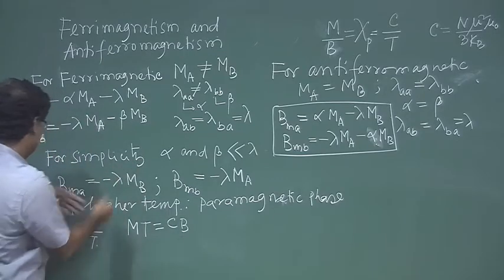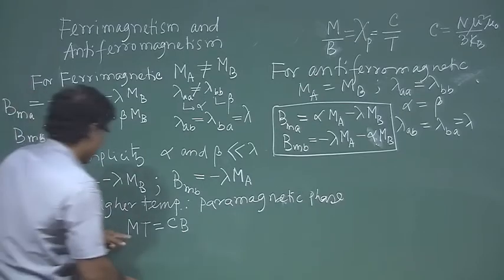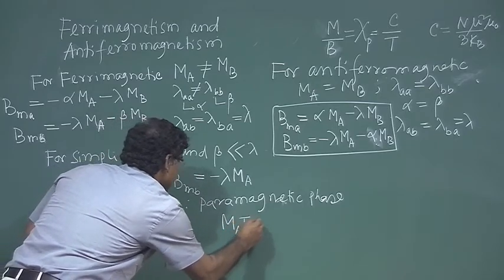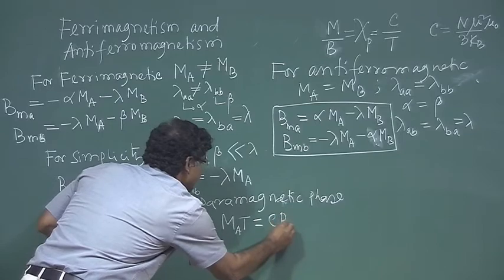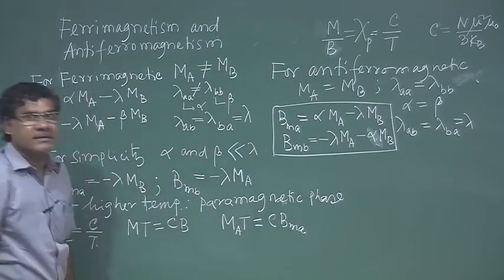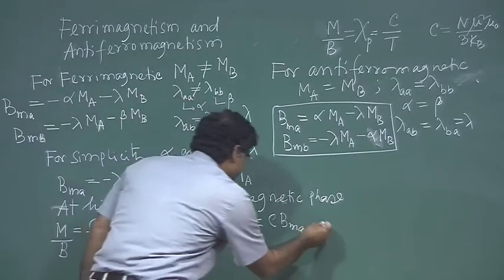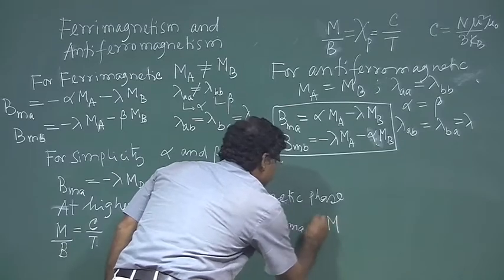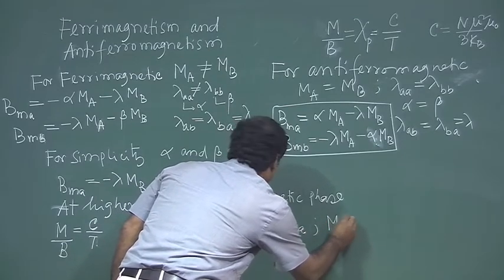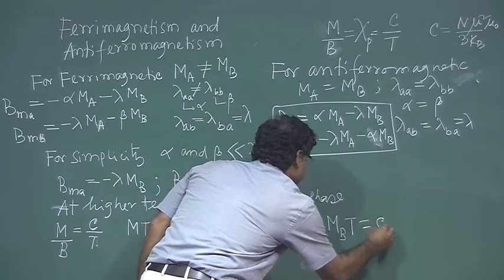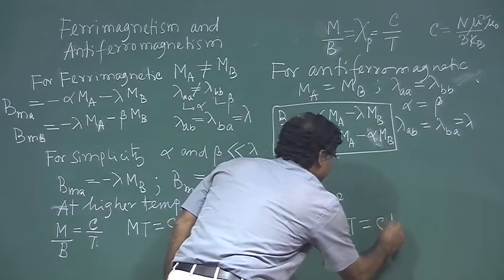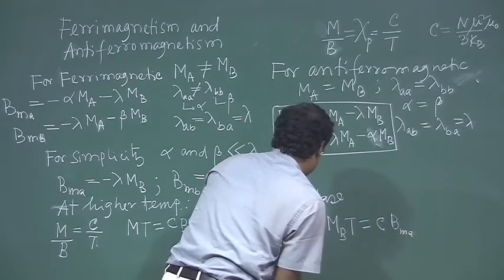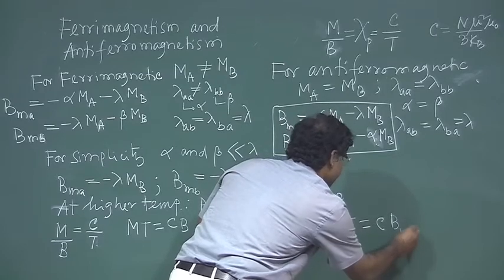So, now I have two fields: one is M_A T equal to C_A B_M_A, right, and another one M_B T equal to C_B B_M_B.